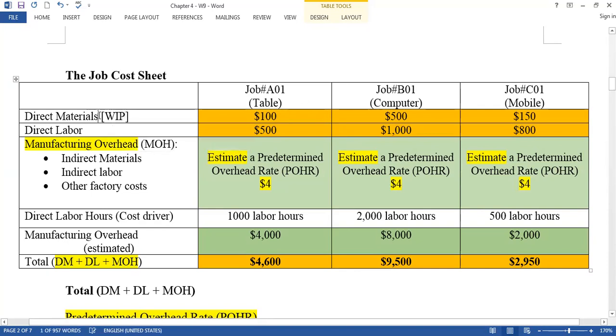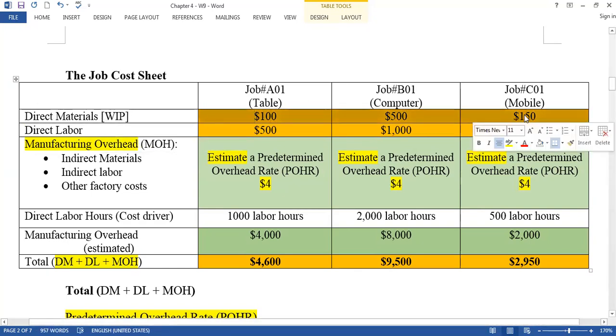So direct material is transferred directly to work in process. Clear? Why do we transfer it directly to work in process? Because this number can be easily identified. Who is the direct material for a table? Who is the direct material for a computer? It can be easily identified. As it is easily identifiable, we easily transfer it to the WIP.